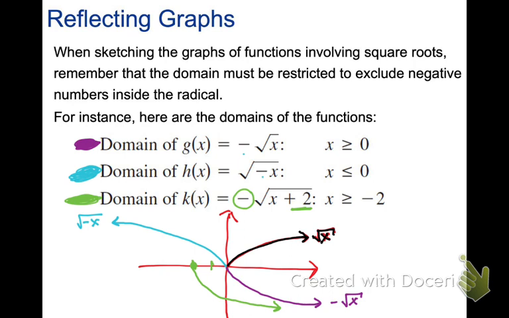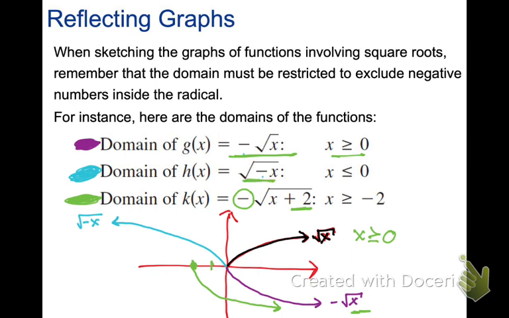So next to it, it says the domains. The first one, our parent function, its x is greater than or equal to 0, because that's the only thing we can plug in there, right? Then when it's reflected over the x-axis, it's still greater than or equal to 0, right here.